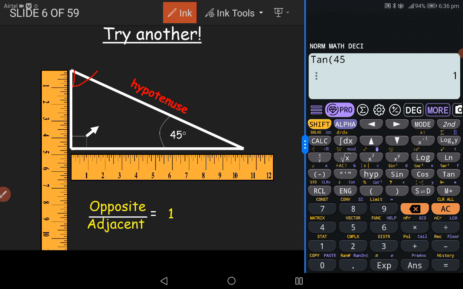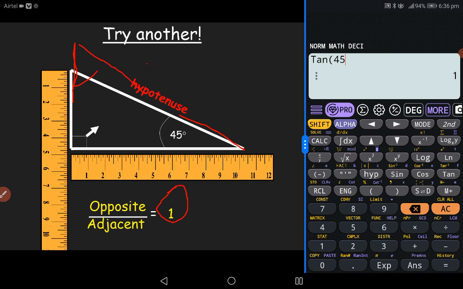Maybe if this was made a bit longer to match with this one. Yes, because it's required that the opposite side and adjacent side should be equal, for you to get this one here. If you try to put 60 degrees here, you can also try that and work it out.